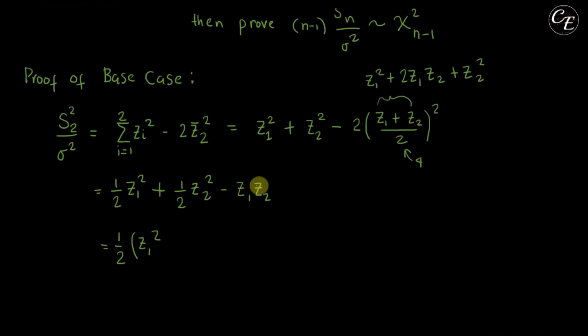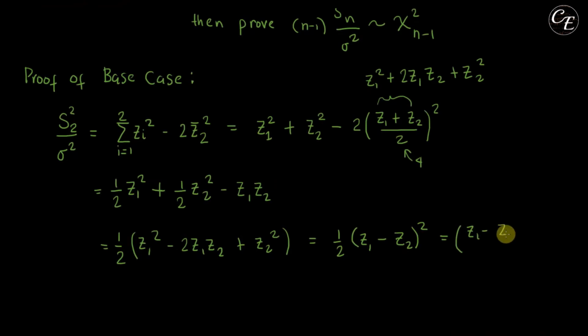So extracting 1/2 for this one, we need to multiply it by 2, so that 2 over 2 is 1, and then plus extracting 1/2 from this, we have z sub 2 squared, and then it is a perfect square, so we have here 1/2 of z sub 1 minus z sub 2 squared, and then we can put this 1/2 inside this squared term, so we have here z sub 1 minus z sub 2 over square root of 2 squared, because if we square this one, we have here 1/2.